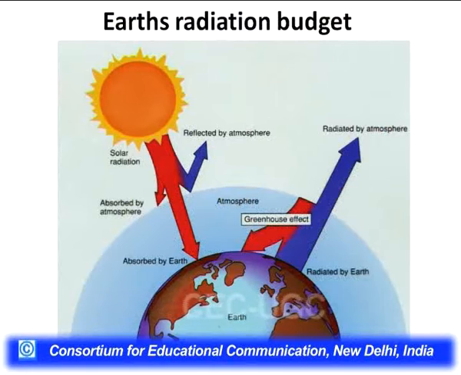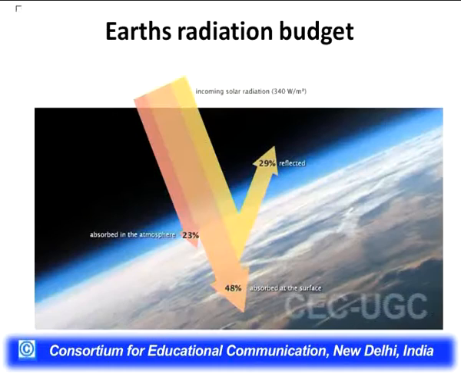This is one thing, and the second thing is that the Earth is radiating radiation towards space. Here, represented by blue color, a very significant amount is not passing through the atmosphere but is getting absorbed into the atmosphere, and the remaining portion is getting radiated back towards space.